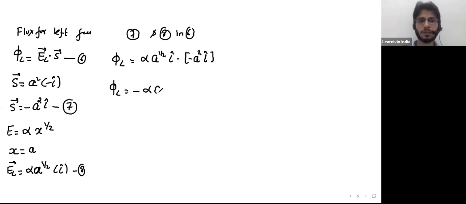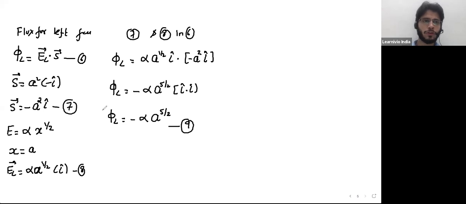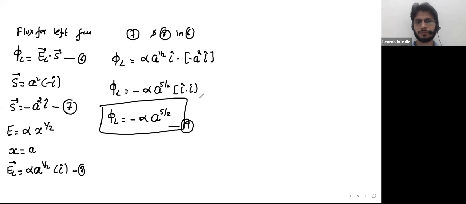This is alpha a to the power, half plus 2 is 5 by 2, times I cap dot I cap. See, I cap dot I cap is 1. So the flux for the left face is minus alpha a to the power 5 by 2. It's equation number 9. So now we know flux for the left face also. Is it clear up to equation number 9?